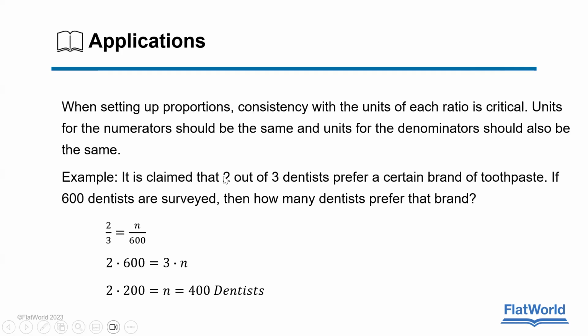So if it claimed that 2 out of 3 dentists prefer a certain brand of toothpaste, so we got 2 out of 3 dentists, and it says 600 dentists were surveyed, then how many dentists prefer the brand? The 600, so what is the part and what is the whole? The part is 2, the whole is the 3. So when I look at this and they say 600 dentists were surveyed, that's the whole section.